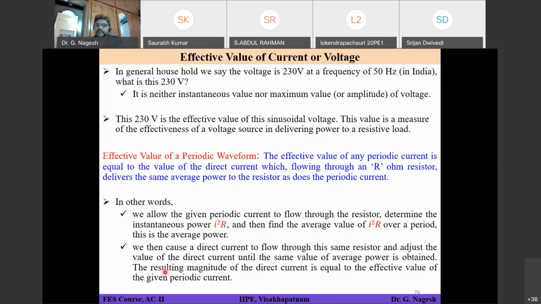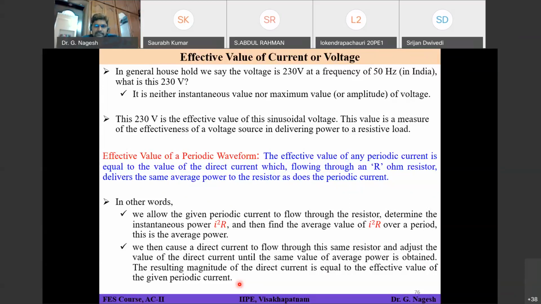The resultant magnitude of the DC current is equal to the effective value of the given periodic current. That means that whatever DC current is flowing such that the same power is produced as by the periodic current, that DC current magnitude is nothing but the effective value of your periodic current.